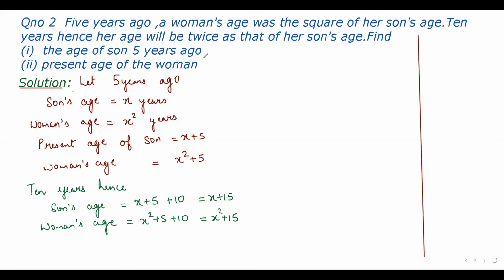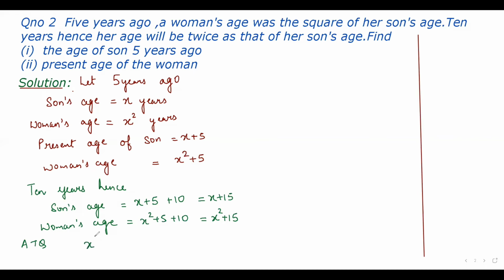Right? Now the relation is given. After 10 years hence, her age, meaning the woman's age, will be twice that of her son's age. It means according to the condition, the woman's age is twice the son's age after 10 years. So we have to consider these two expressions.